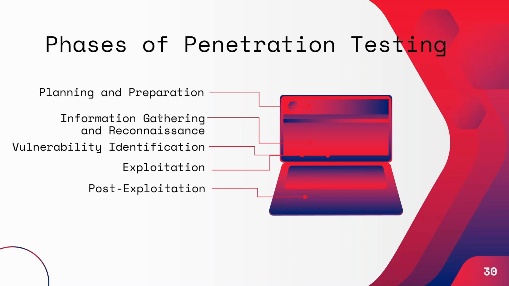Mostly in post exploitation, whenever you hear something called post exploitation, it means that we are already inside the system. After getting into the system, we try to elevate ourselves to an administrator or root user, because once you have that access, you will be able to do whatever you want in the system, right? Those kinds of activities we do in post exploitation.